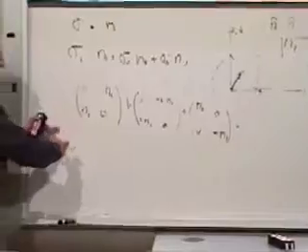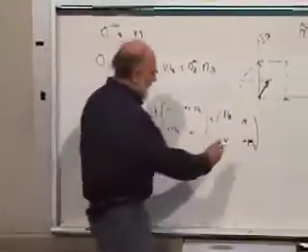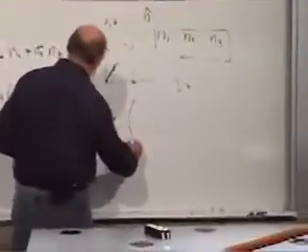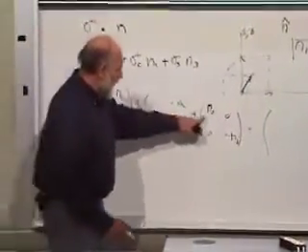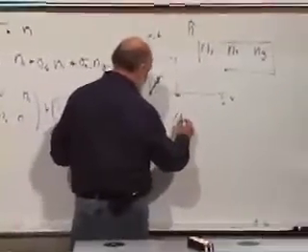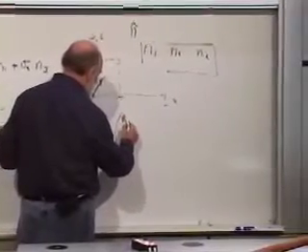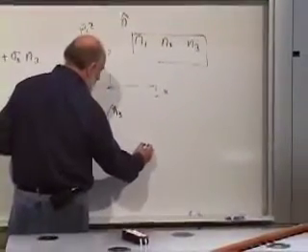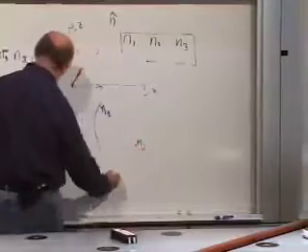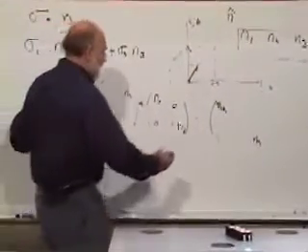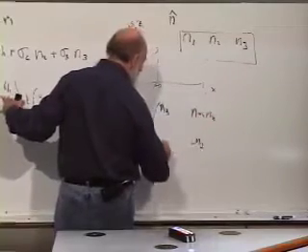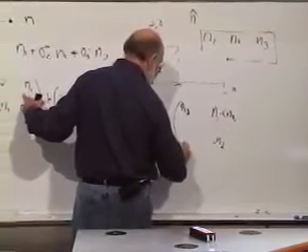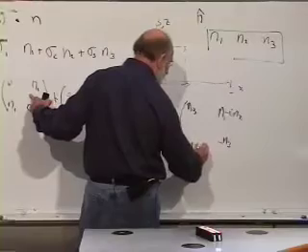Now we add them up, and what do we get? These have no diagonal elements. This has diagonal. So we get n3, minus n3 on the diagonal. We get n1 minus i n2 and n1 plus i n2 off the diagonal.